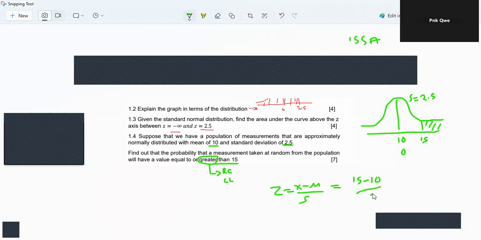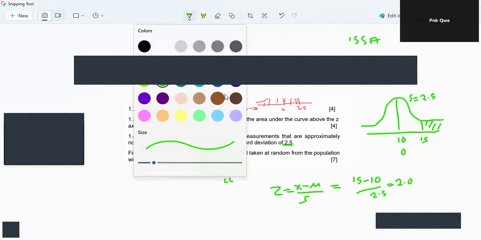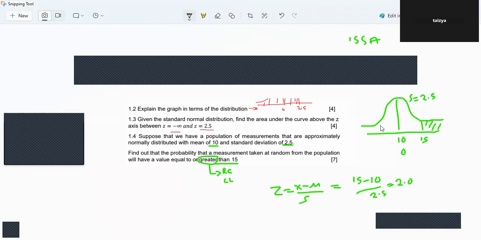And what is the reading for 2? We've memorized it by now. What is the reading for 2.0? What's the probability of 2? 0.97 what?